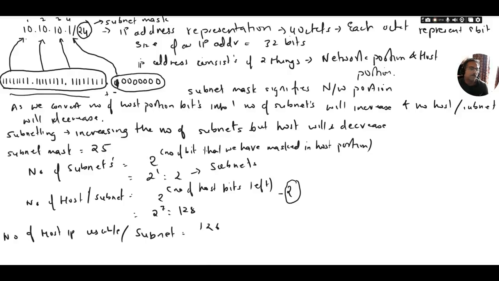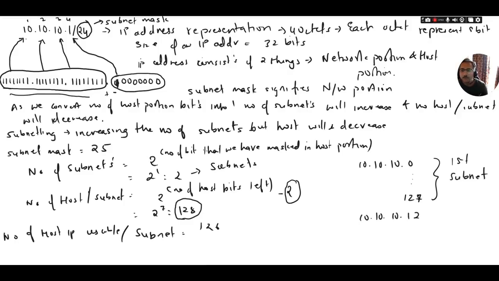As now we know the size of each subnet, 128, the first subnet will start from 10.10.10.0 and go to 127. This is your first subnet. The second subnet will start from 10.10.10.128 and go to 255.